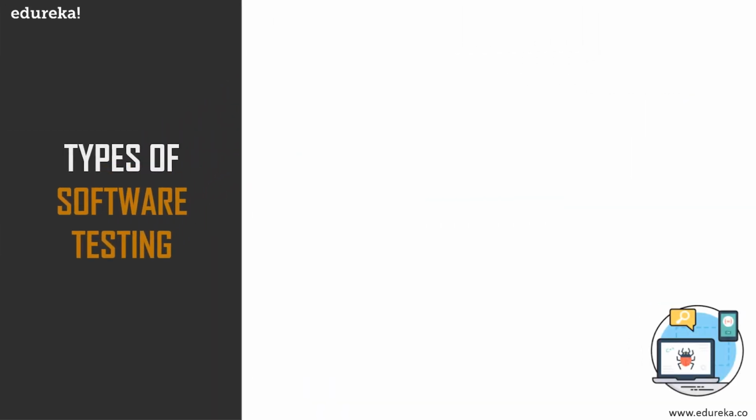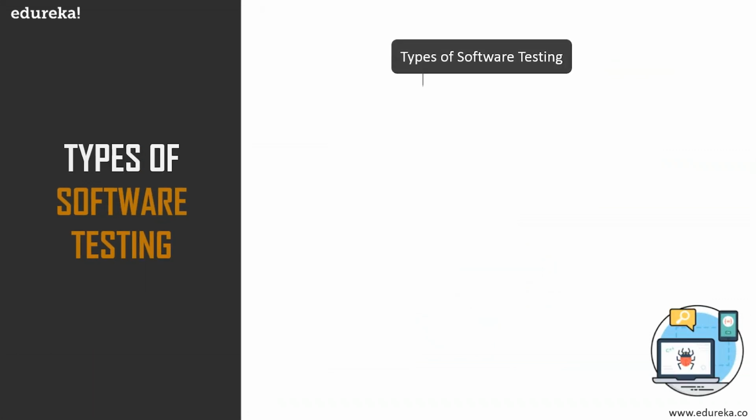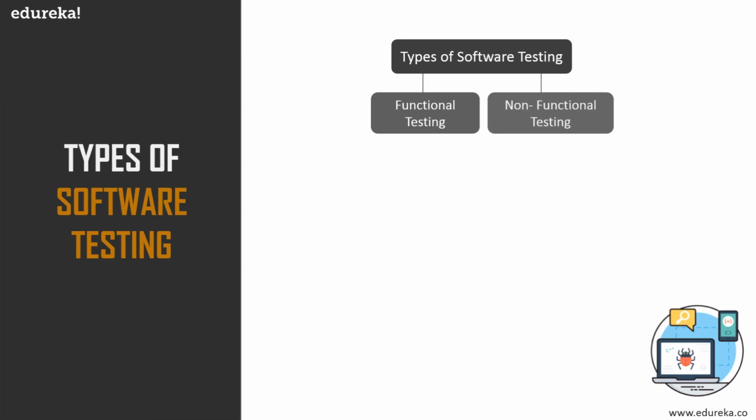We have different types of software testing. The types usually depend on multiple factors like project requirements, budget, timeline, suitability, expertise, and all that. But usually it's divided into two main types, which we call functional testing and non-functional testing.